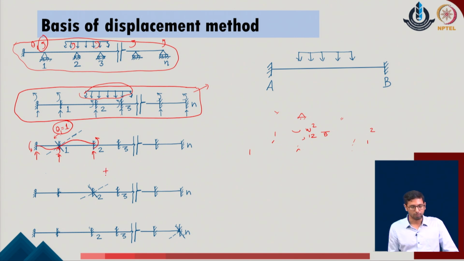Further, I can add one more system on top of it. I can bring in the second rotation of the given system, which is theta 2. So, our intention is that initially we considered this problem which is to be solved. We restrained all the degrees of freedom, so that the system is now fully restrained but kinematically determinate. As we want to reach the original problem, one by one we release all the degrees of freedom.